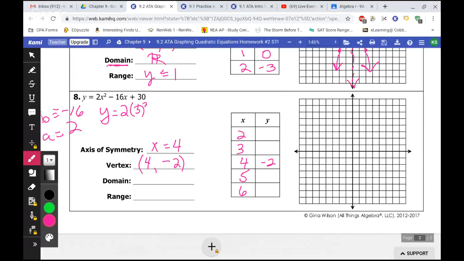So we'll start with the 3. You have 2, and then 3 squared is 9. Minus 16 times 3 is 48, plus 30. We have 27 minus 48 plus 30.